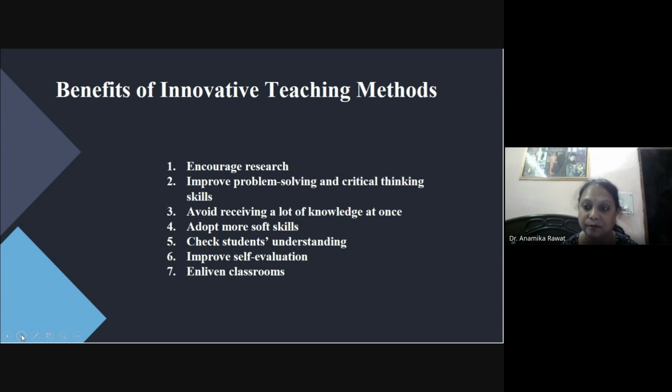The third benefit of innovative teaching methods is avoiding receiving a lot of knowledge at once. When we're talking about traditional teaching in class, what methodology do we follow? We prepare our lecture, go into the classroom and deliver it. If there are 60 students in the class, we think everyone can understand equally.